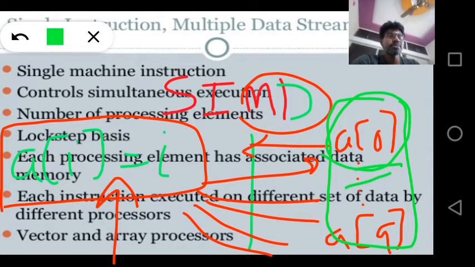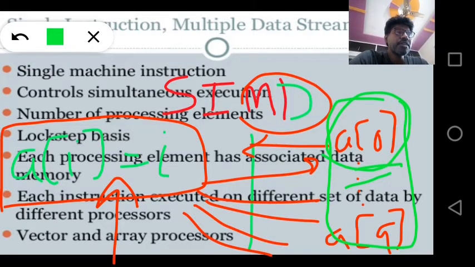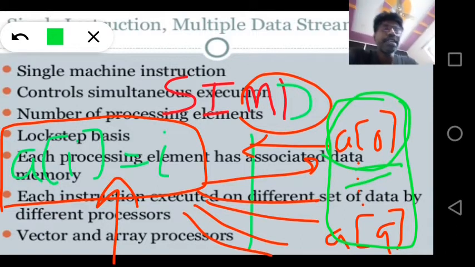But there are some computers which are equipped with SIMD processors, single instruction, multiple data stream. First you should understand the need for having SIMD. The advantage of SIMD is that the programmer or developer can perform a single operation on an entire array. This is most important.